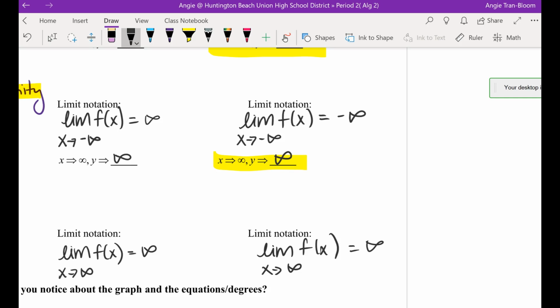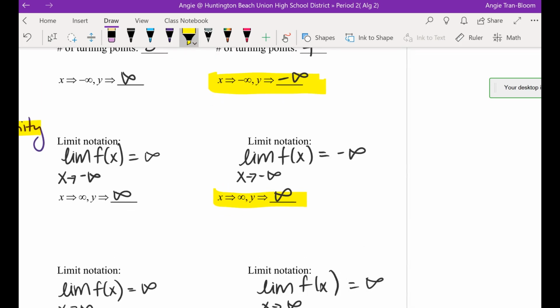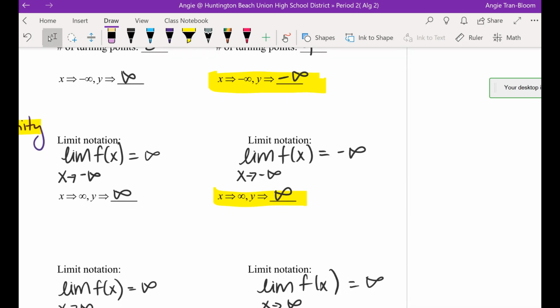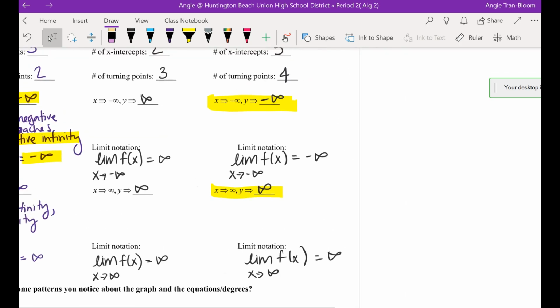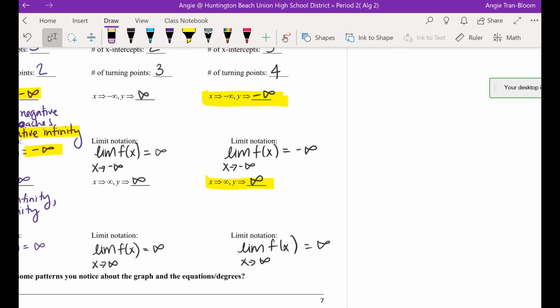Now, look at the y's. Are the y's approaching opposite directions or the same direction? One is going negative and one's going positive. How about on the fourth power? Look at the y's for me. Are the y's going the same way or opposite ways? They're both going up.